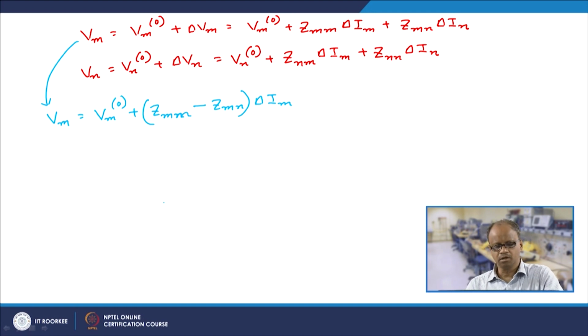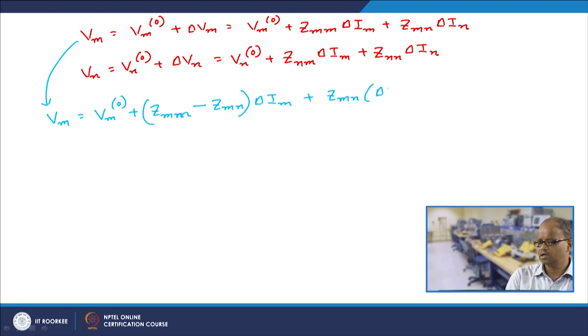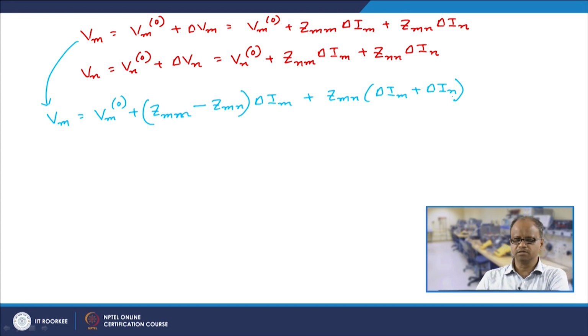Now, because I am subtracting Zmn into delta Im, I must also add it, and if I add it, I get Zmn into delta Im plus delta In. This is very simple. I have simply subtracted Zmn into delta Im and added Zmn into delta Im. So, these two cancel out and the original system remains the same.